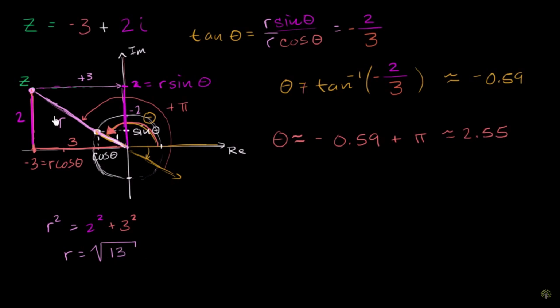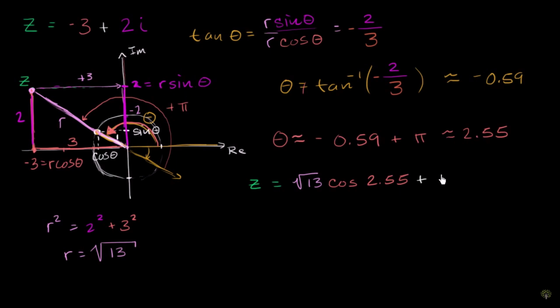So now we can say that z is equal to, instead of negative 3, we can write it as r cosine theta. So we can rewrite it as square root of 13 times the cosine of theta, which we're saying is roughly 2.55 if we round to the nearest hundredths, plus 2, which we already know is r sine of theta.